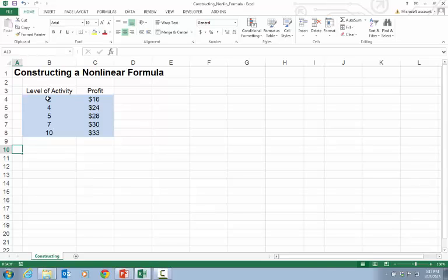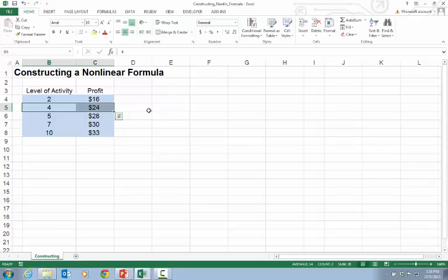So it looks like we're making $8 in profit for each activity. But then we go up from 2 to 4, and our profit only goes up by $8 more. So now that implies we're only getting $6 in profit for each.